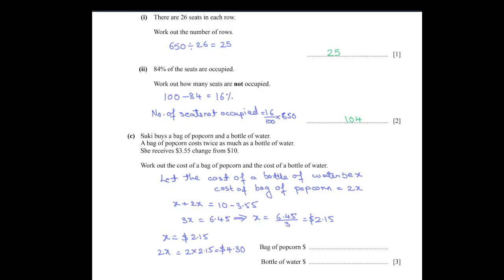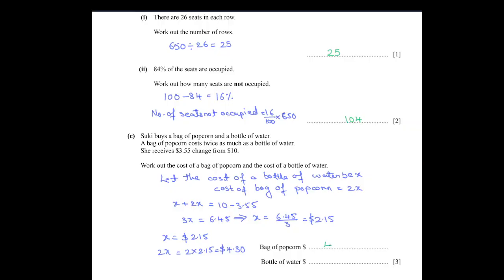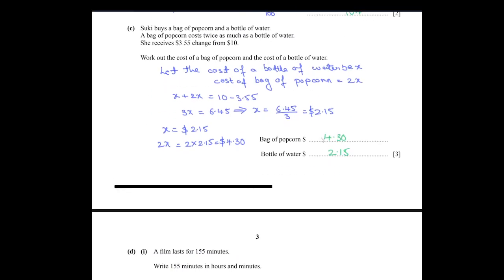So we can write here the bag of popcorn is $4.30 and the bottle of water is $2.15. Question number C is done.